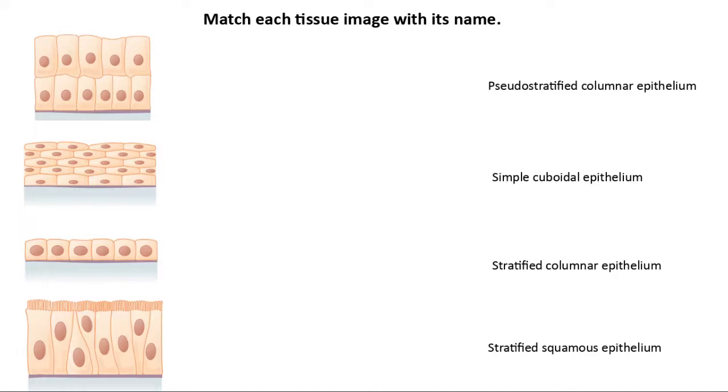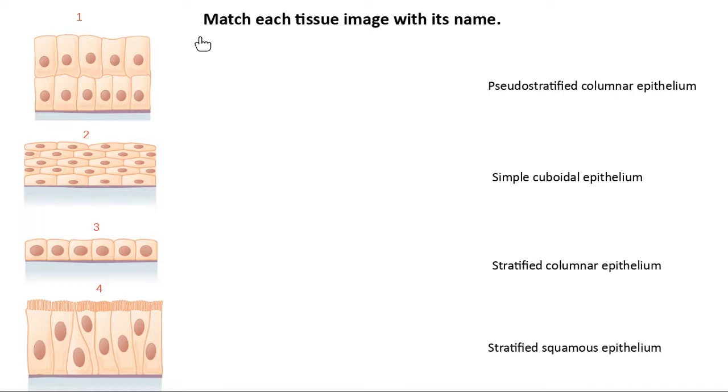Let's take the words that we just talked about, and now we're going to do a little bit of matching. So I've got a list of types of epithelium that we see in cartoons over here. Let me label them with numbers so that it's easier to type. Okay, so number 1 on the top, number 2, number 3, and number 4.